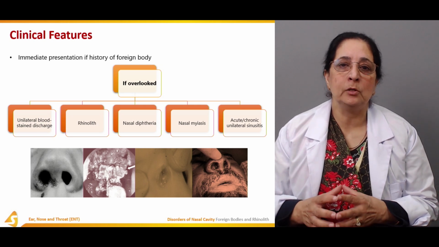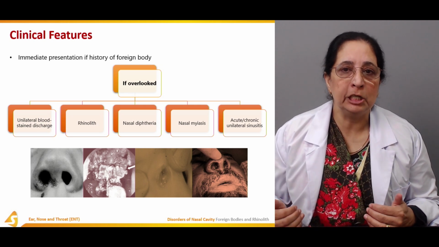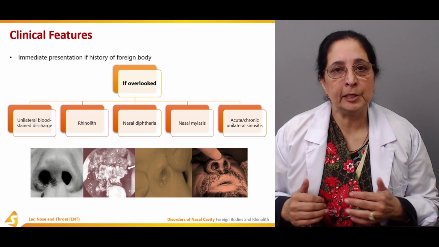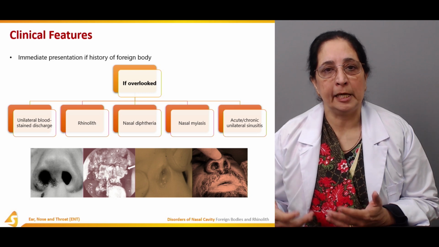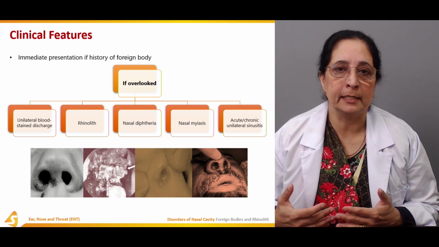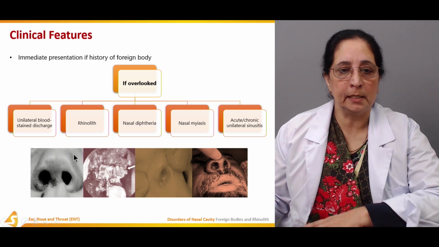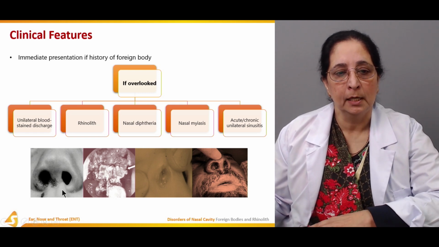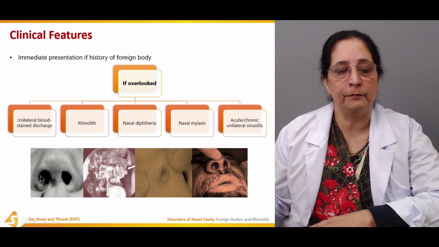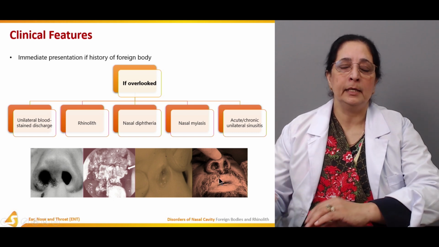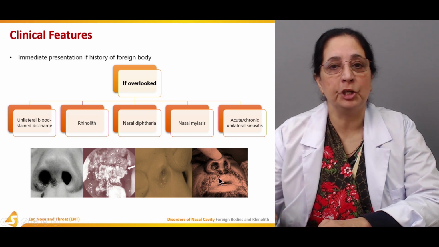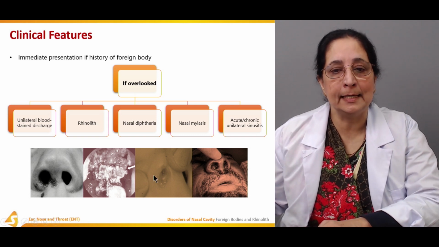If it is overlooked, then different conditions can occur, depending on how long it takes before it is actually diagnosed and removed. All these pictures show the bloody discharge as a result of the foreign body, then obstruction. These are diagrammatic presentations of a foreign body in the nasal cavity.